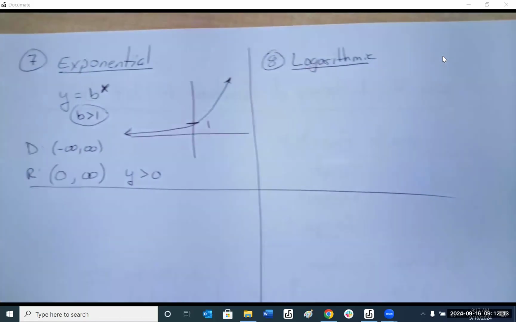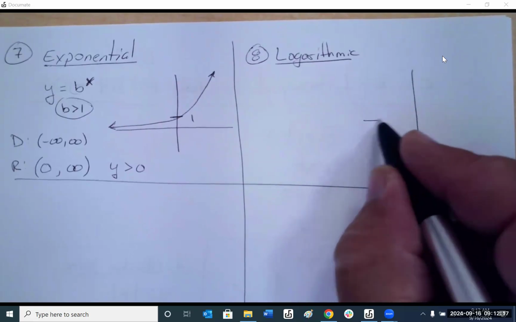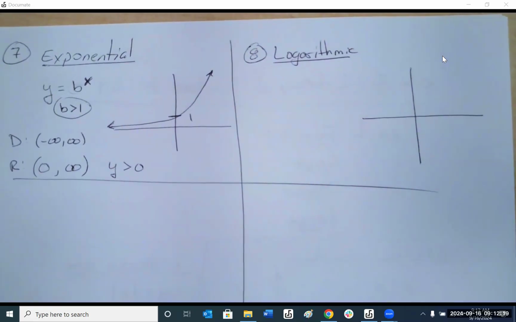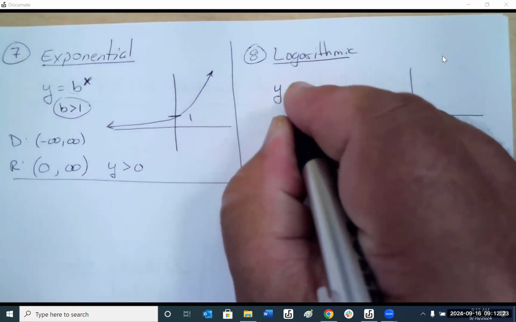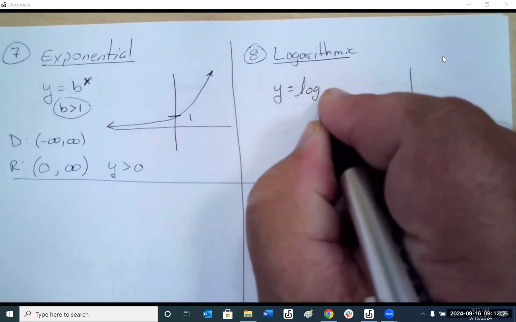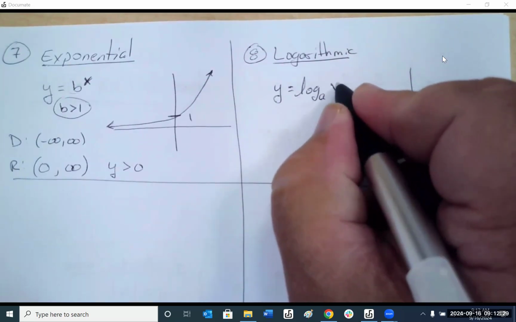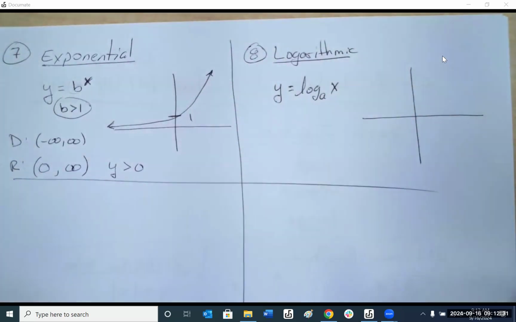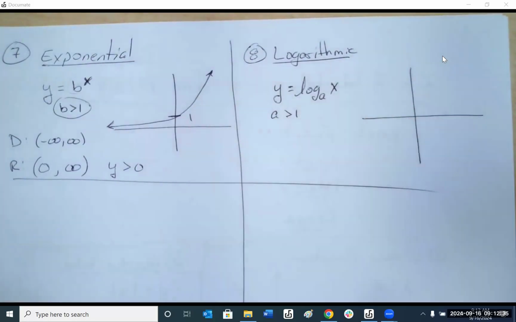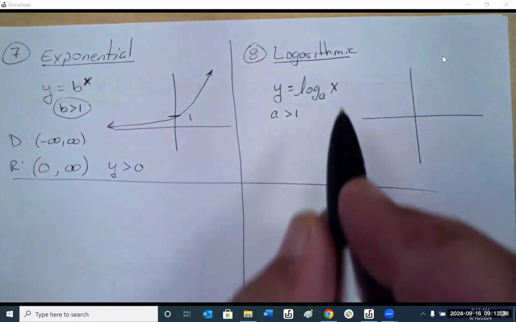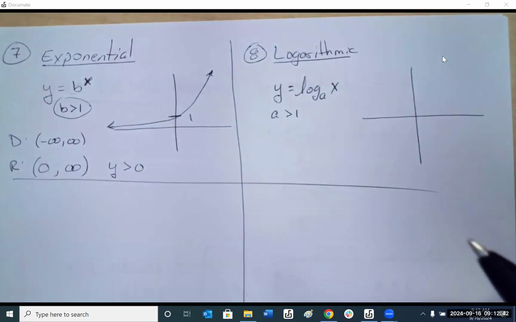Logarithmic functions. It looks like this. Y equals log base a of x, where a is greater than 1. You cannot have a 0 as a base. You cannot have a negative.